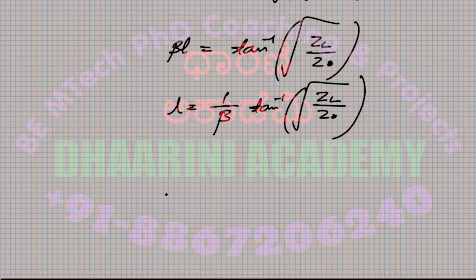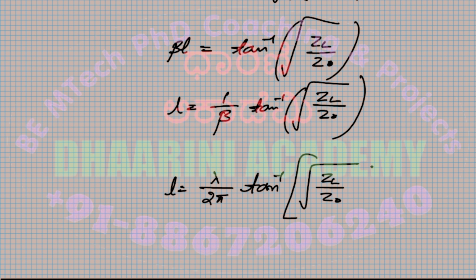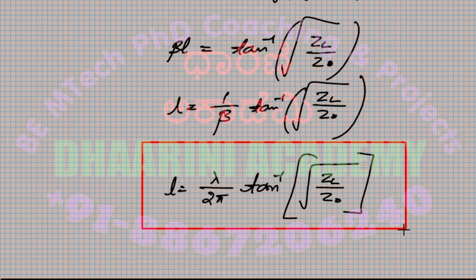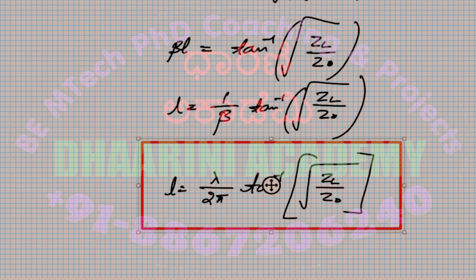Okay, so anyway, I have the ultimate equation. Beta is 2 pi by lambda. So this is lambda by 2 pi times tan inverse of square root of ZL by Z naught, the equation that we are going to use to find the position of the stub on the transmission line.